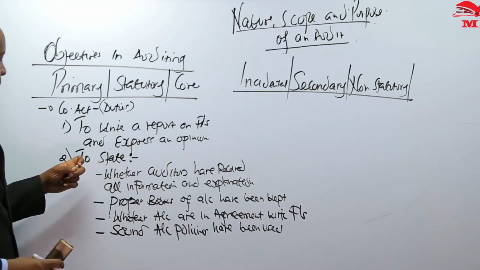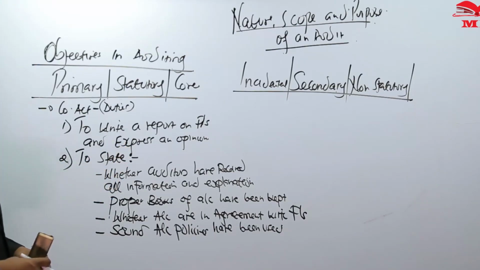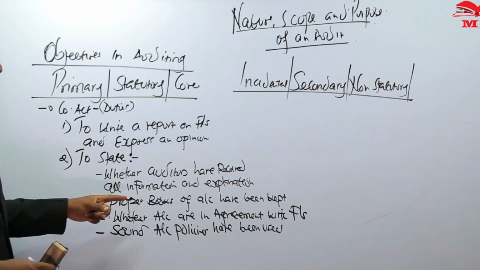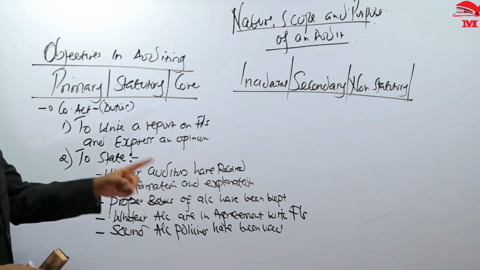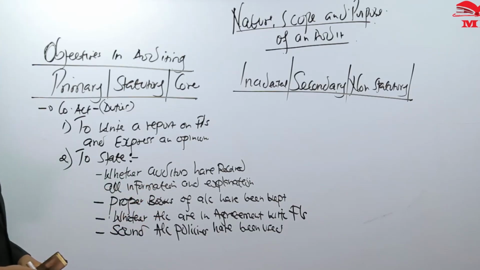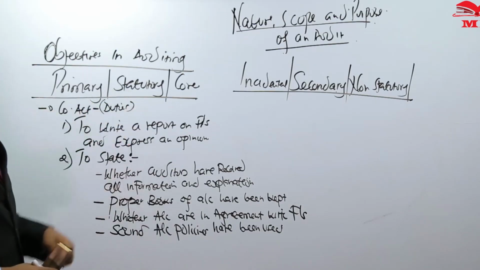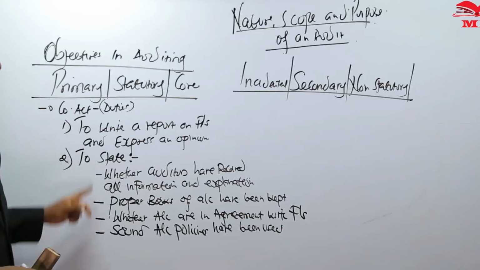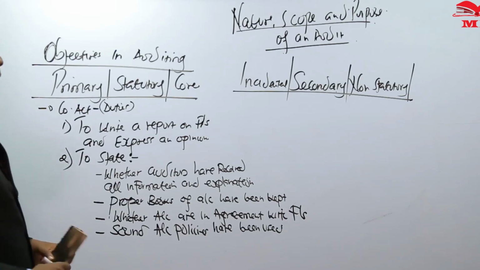Item number two is to state whether the auditors have received all information and explanation, whether proper books of accounts have been kept, whether accounts are in agreement with financial statements, and whether sound accounting policies have been used in preparation of the financial statement. These two objectives form the primary or statutory or core objectives of an audit. As you can see, none of these has the detection and prevention of errors and frauds, as so many people may perceive.